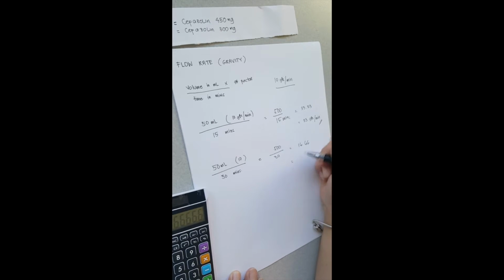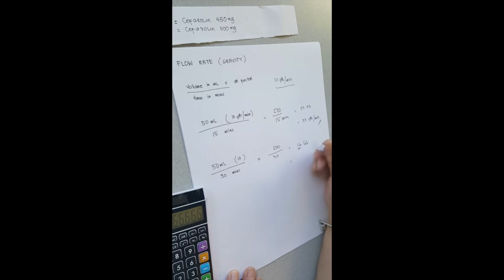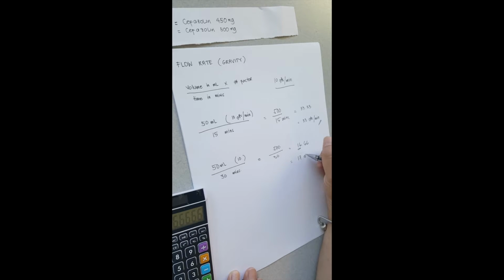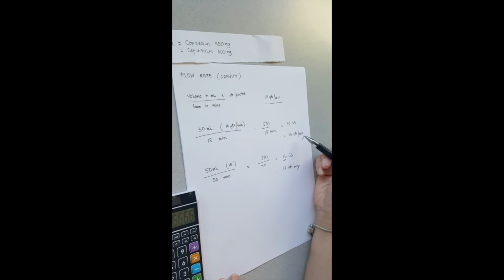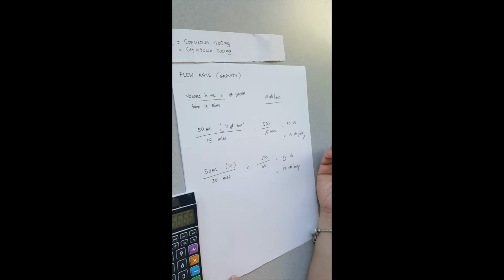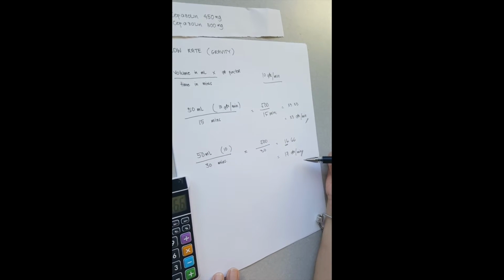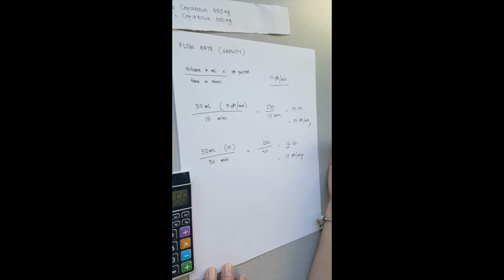We're going to round it off to a whole number, 17 drops per minute. So you're going to run it at 33 drops per minute for 15 minutes and 17 drops per minute for 30 minutes. Okay, thank you.